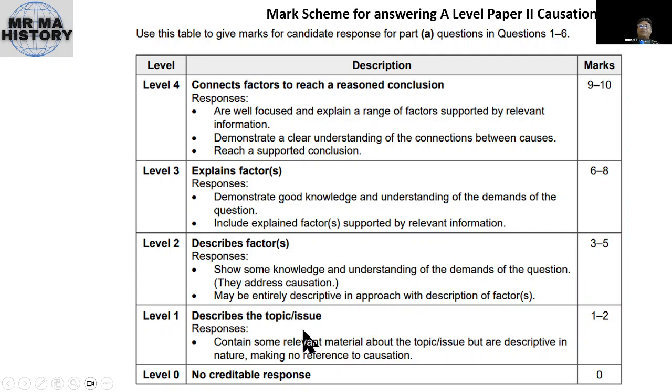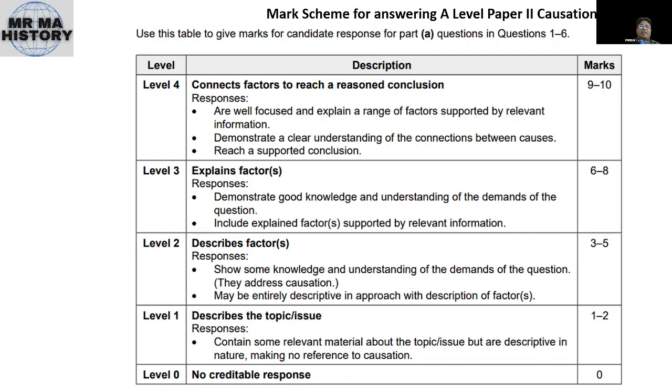However, if the candidate writes a description of some points that are related to the question, but without mentioning any reason, then this is Level 1 and is eligible for marks between 1 and 2 only. If the response only contains a description of some reasons but with no explanation, then this is worth between marks 3 and 5 only.